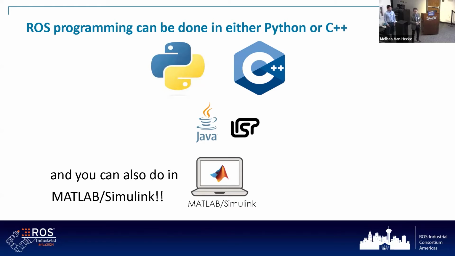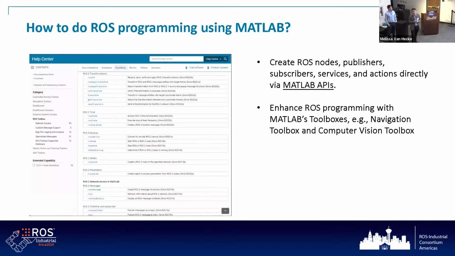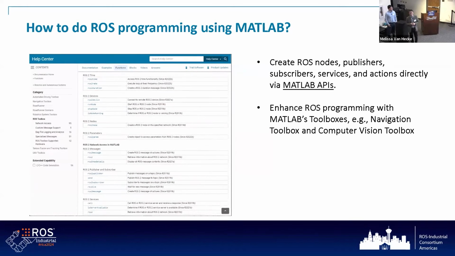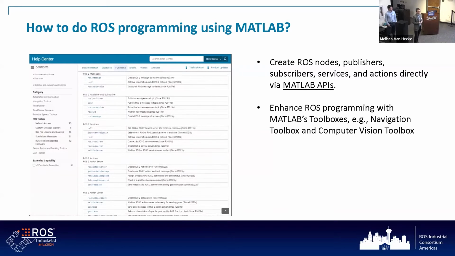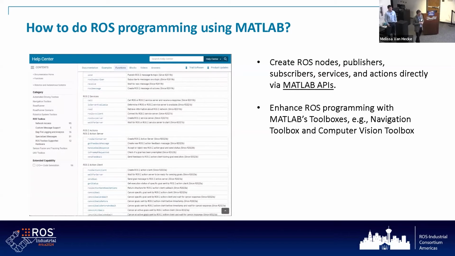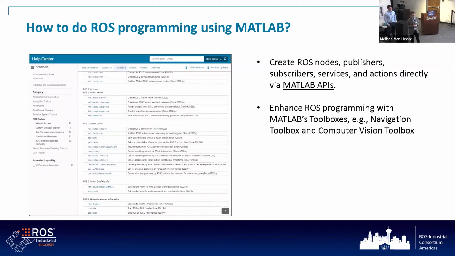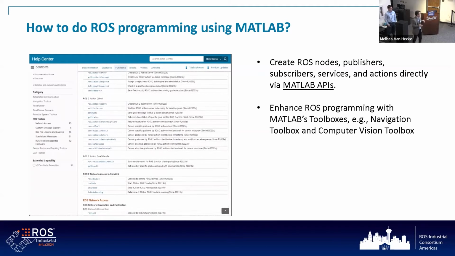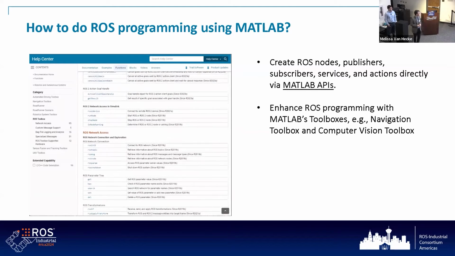You can also do ROS programming in MATLAB and Simulink, and I will talk about that more here. We have the MATLAB API, so you can program a ROS node in it. You can utilize publishers, subscribers, services, and actions, and you can also use MATLAB toolboxes, specialized tools like the computer vision toolbox, machine learning toolbox, and deep learning toolbox for your daily job. It makes that kind of workflow a lot easier.